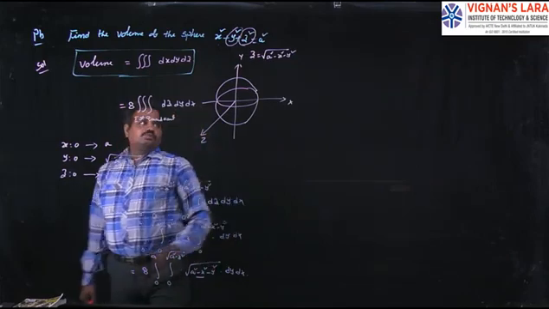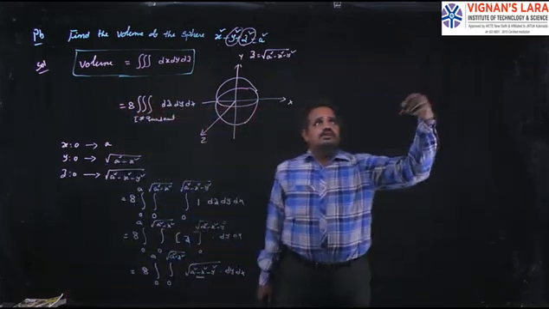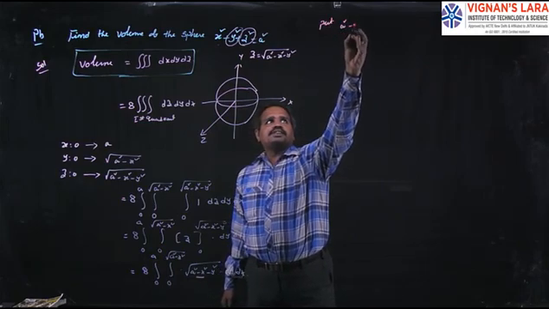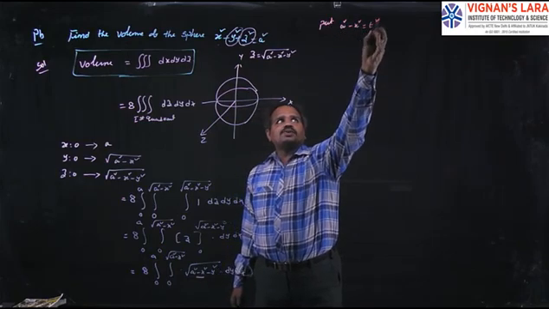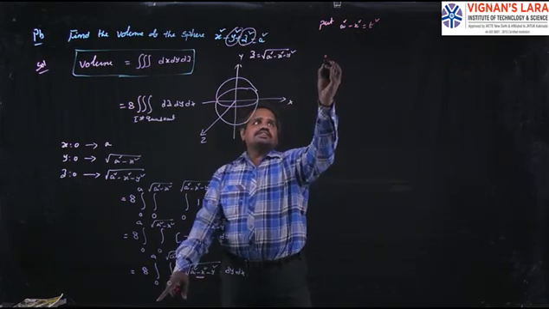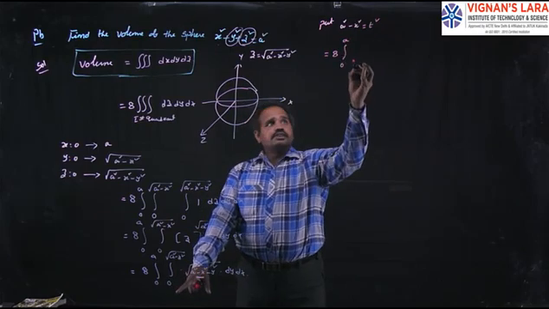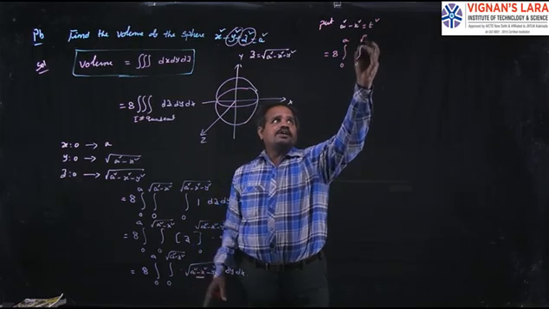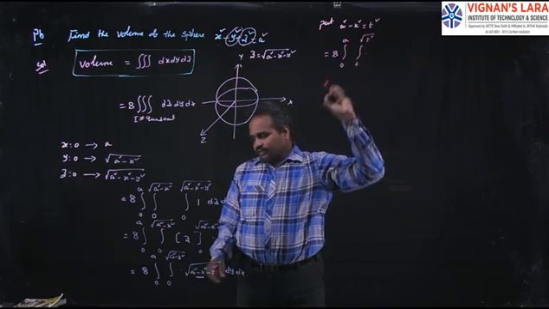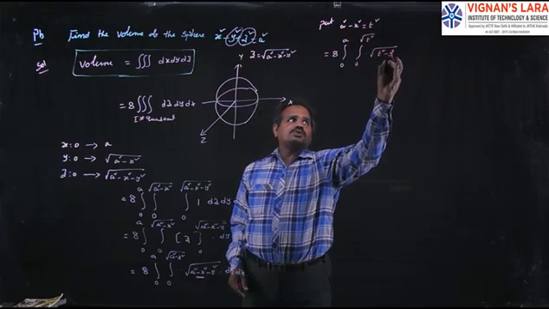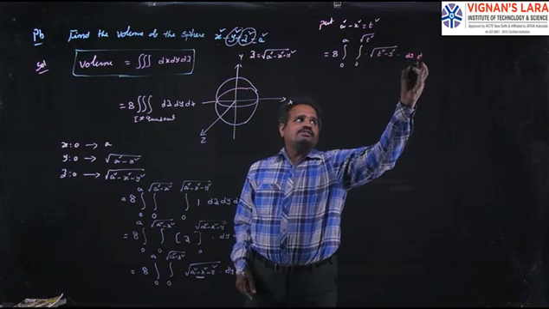So assume that, put a square minus x square as t square. Then this integral changes as 8 into integral 0 to a, integral 0 to under root of t square, for our convenient purpose, under root of t square minus y square into dy dx.